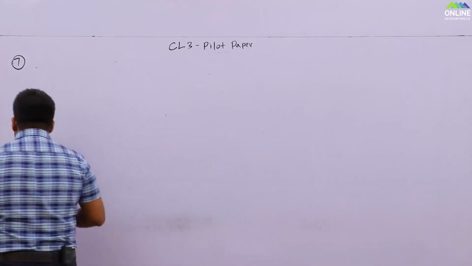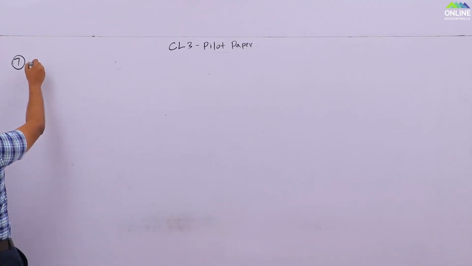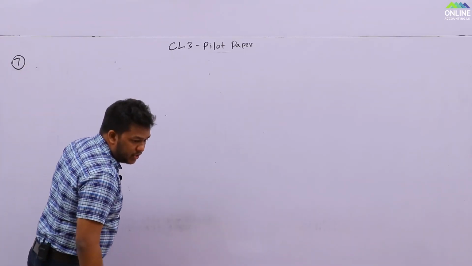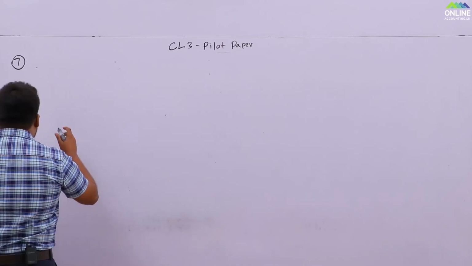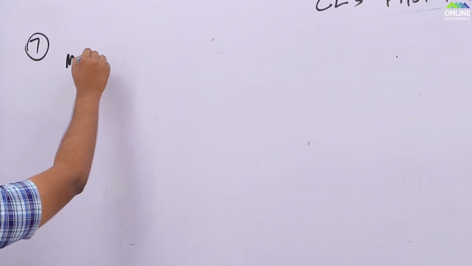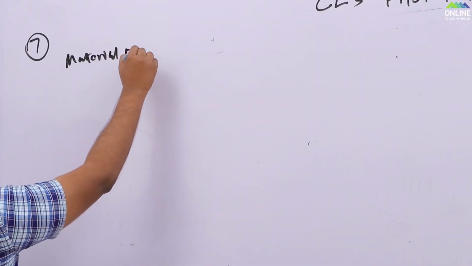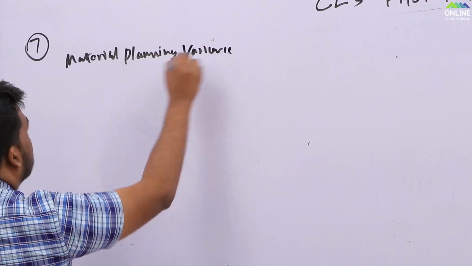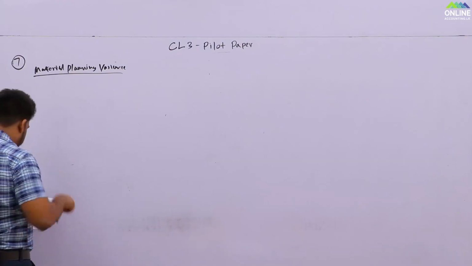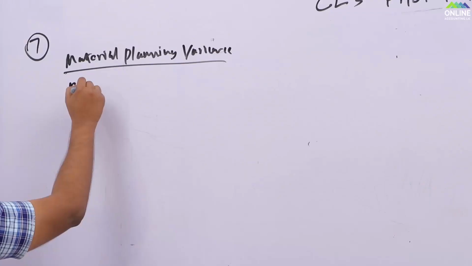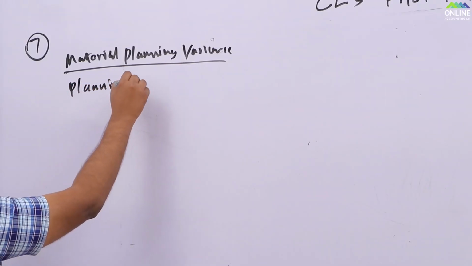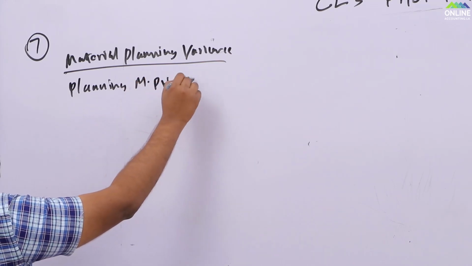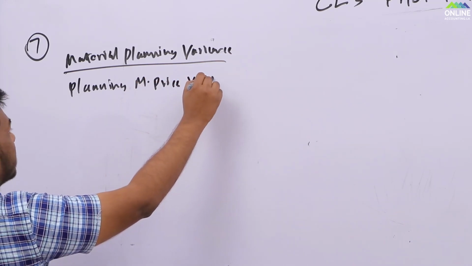So seventh question. The material planning variances, you have to calculate material planning variances. Here the first one is planning material price variance. How to calculate? We have already discussed this.